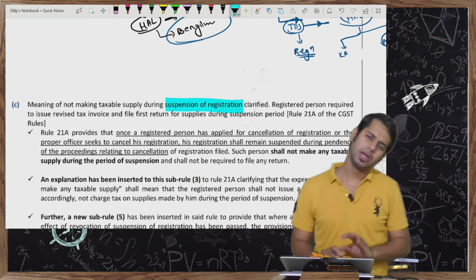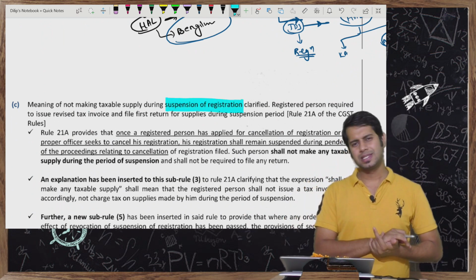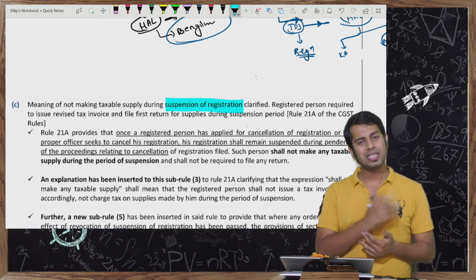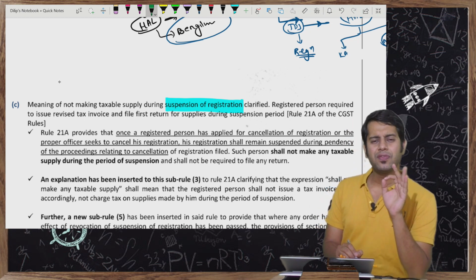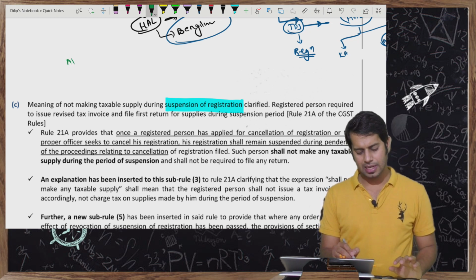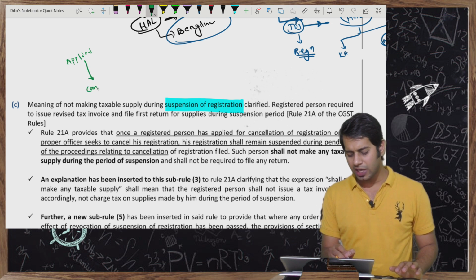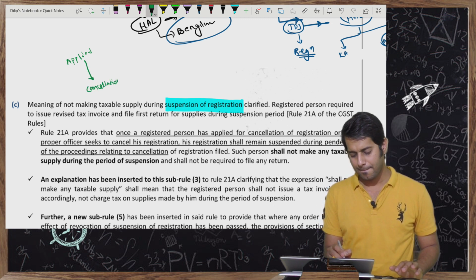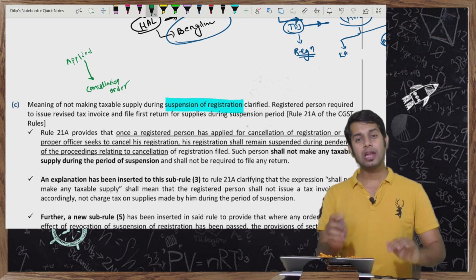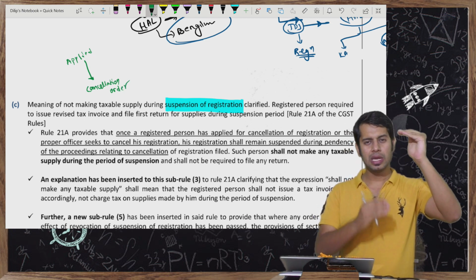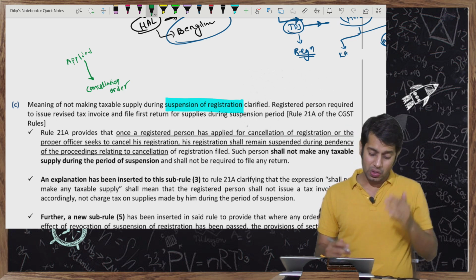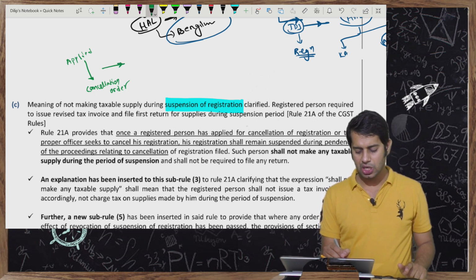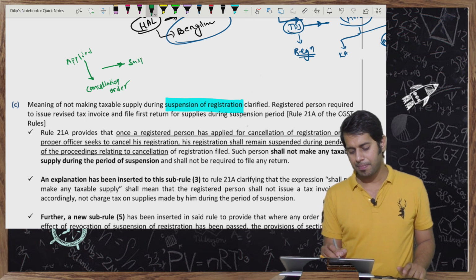suspension of registration. Now, there was some amendment made last year with regard to cancellation of registration. What was that amendment talking about? The date from which you have applied for cancellation till the date of the order for cancellation is given by the officer, during that period your registration will be suspended.